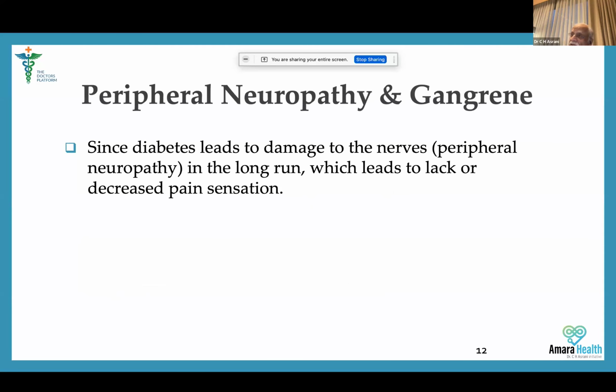Then peripheral neuropathy. Patients cannot feel when they get hurt. I recently had a patient who is not a diabetic, not an alcoholic, doesn't take alcohol at all. He had sarcoidosis a few years ago, now controlled.